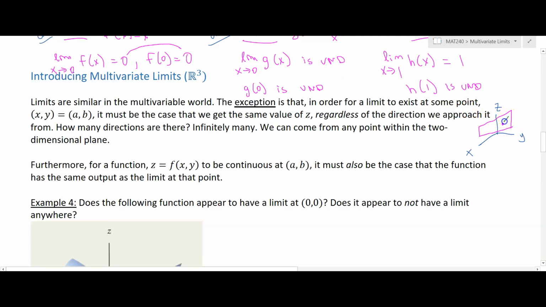The reality of the matter is that I could approach that point from here. I could approach that point from here. I could approach it along some curve. I could approach it from here. There are really lots of ways to get to that point. And what we should be visualizing down here is if this point has some x and y coordinate, what that means is that this point is just a point that's elevated above the xy plane.